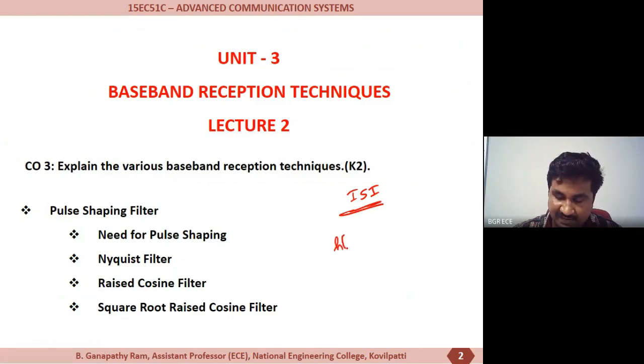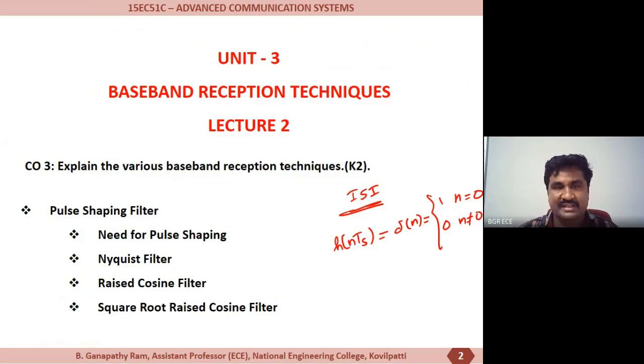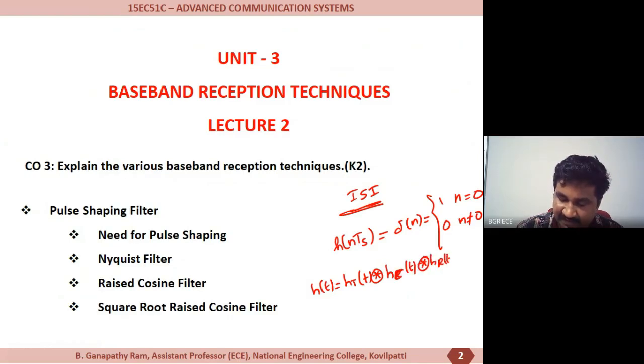For that, we need h of nTs should be equal to delta of n. That means it should be 1 for n equal to 0 and 0 for n not equal to 0, where h of t is nothing but the convolution of ht of t, hc of t, hr of t, and he of t.